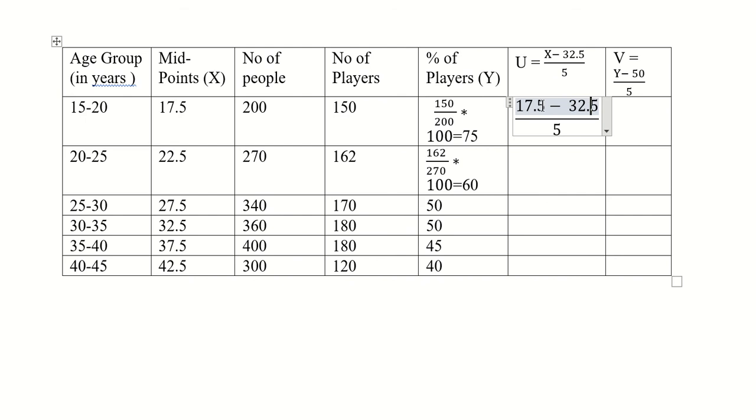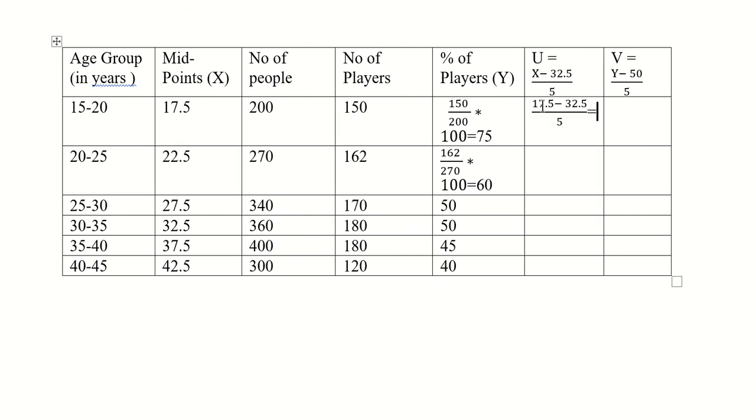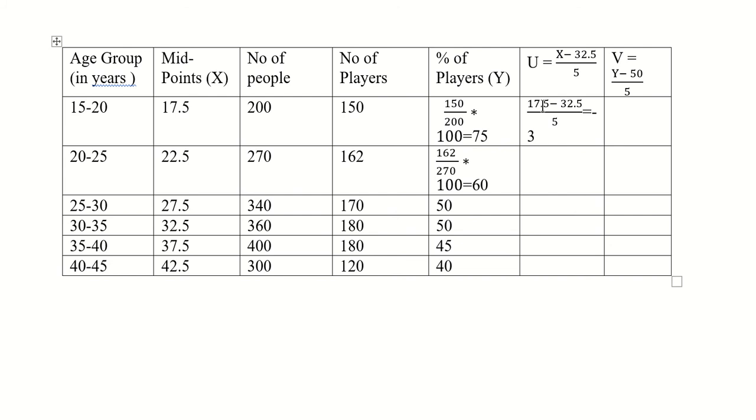Minus 15 by 5 is minus 3, right? So here the answer is minus 3. Similarly, the same procedure will apply for the rest of the cases, so I'm just writing the answers here. Minus 2, minus 1. How have we calculated this? 22.5 minus 32.5 is minus 10, and 10 by 5 is minus 2. So this is how we have calculated: minus 1, 0, 1 and 2.